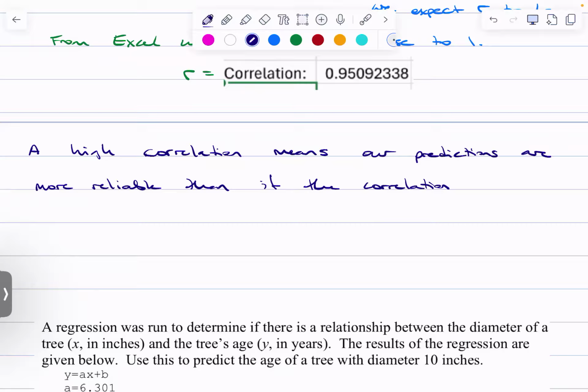If it's close to 0, you expect this kind of scattered behavior, which intuitively means that you have these less reliable predictions.